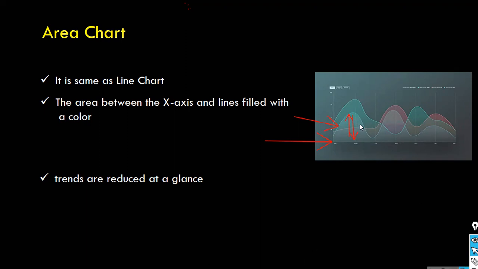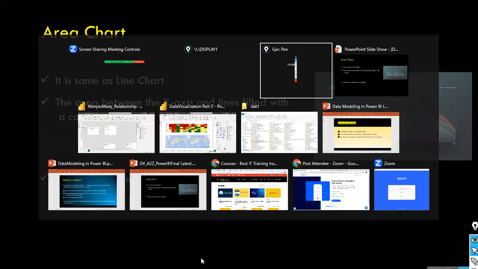You can compare individual contributions side by side with the help of the area chart. In the case of a line chart, it represents the exact value of the data points, whereas the stacked area chart represents both the individual data point as well as their cumulative sum when stacked.